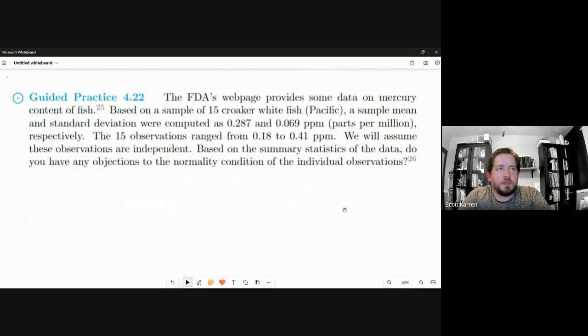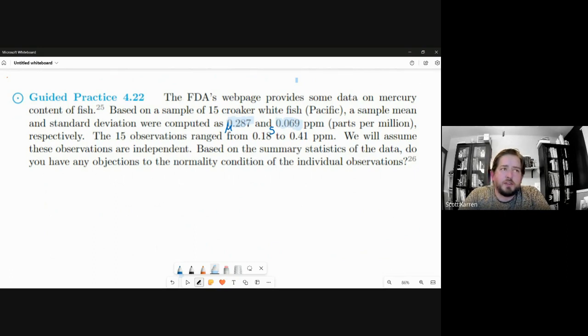The FDA's website provides some data on mercury content of fish based on a sample of 15 croaker whitefish in the Pacific. A simple mean and standard deviation were computed. Those values are 0.287 for the mean, and 0.069 for the sample standard deviation, in parts per million, respectively.